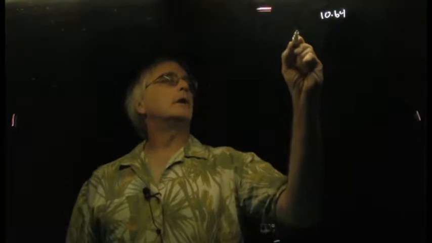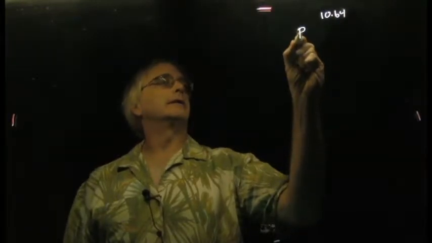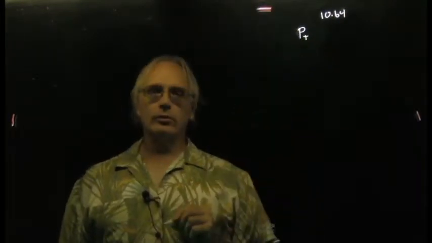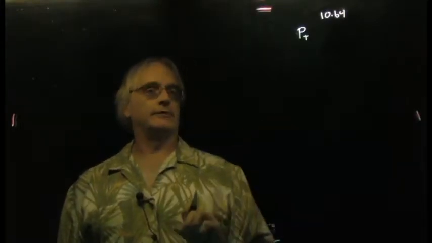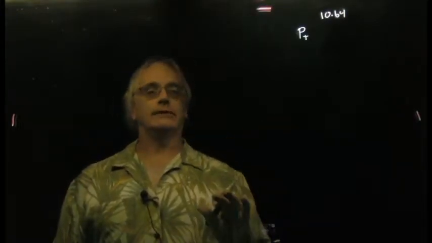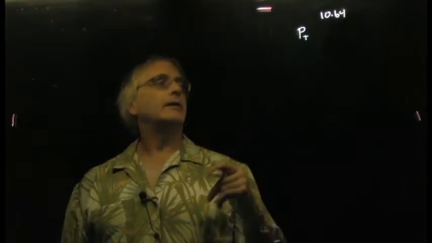Now, when we're doing a partial pressure calculation, I'm going to write down over here a couple of things that it's always a good idea to keep in mind when you're confronted with a problem that says, what is the partial pressure of a mixture of gases? For example, the total pressure of a mixture of gases is simply the partial pressure, the pressure of each component in this gas mixture.